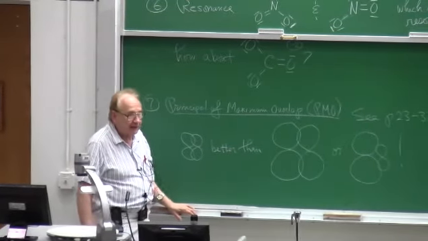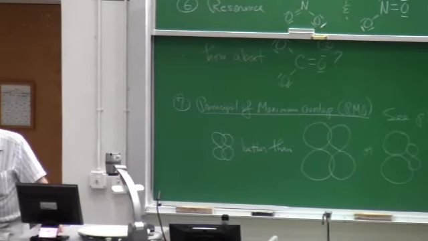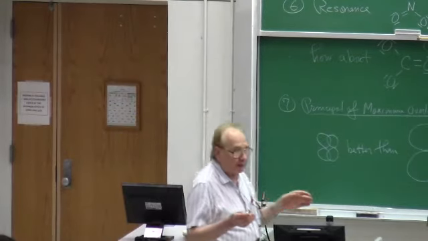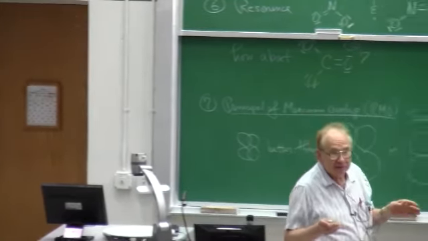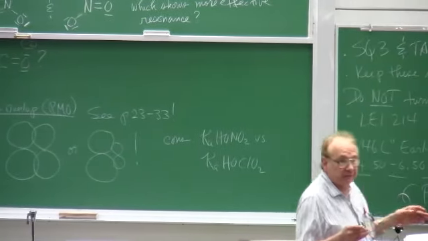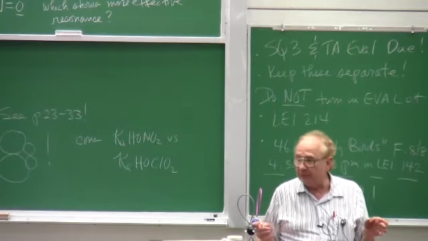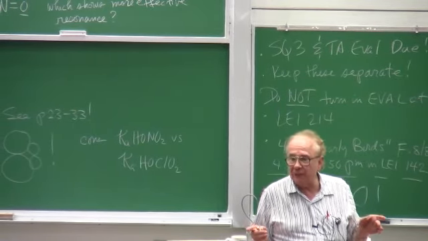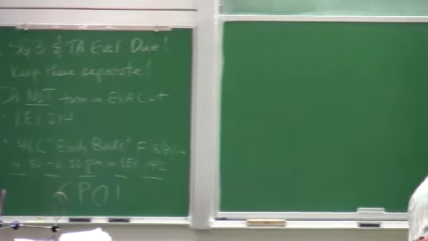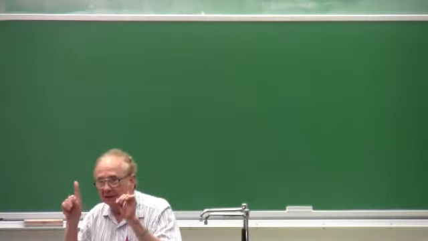So-called principle of maximum overlap. Did you talk at all in 2045 about orbital overlap interactions regarding when they are effective and when they are not so effective? For example, if you want to make a stable pi bond with p orbitals, how do we want the p orbital lobes oriented in space with respect to each other?